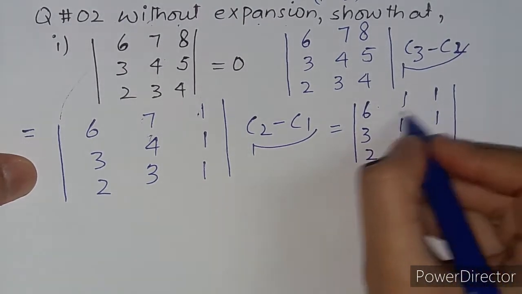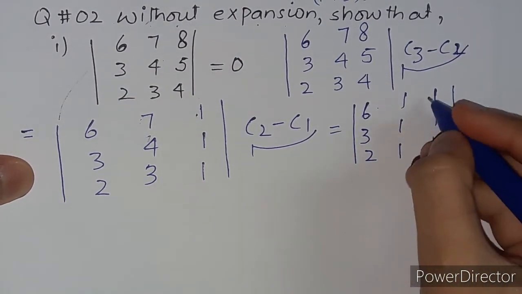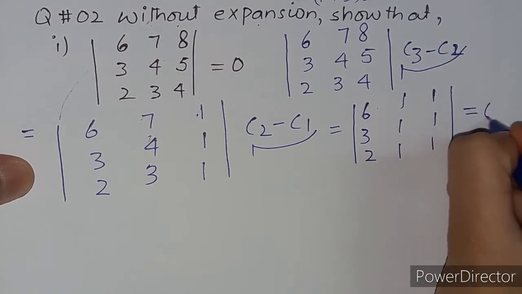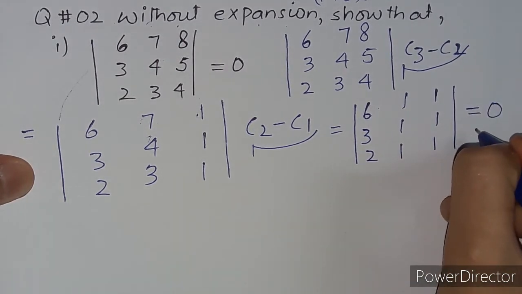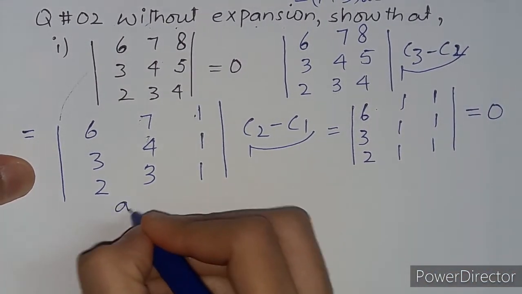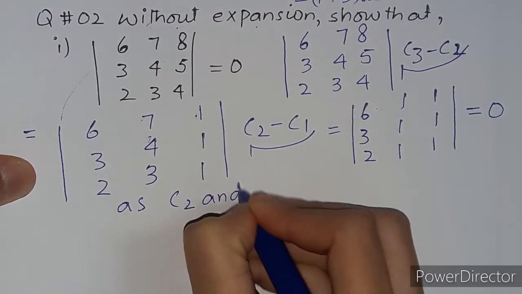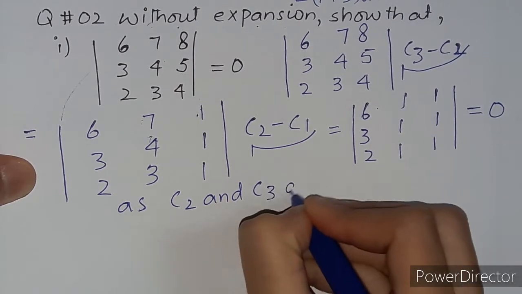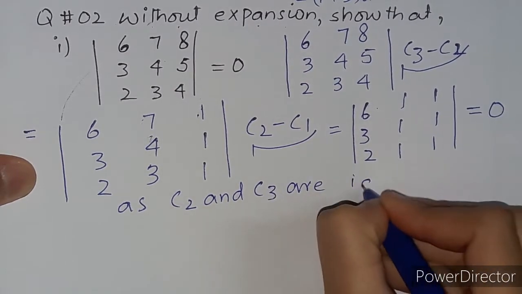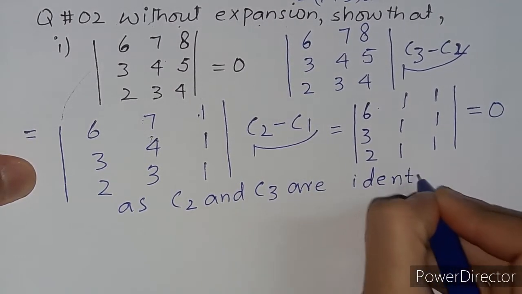So we make the two columns equal to 1, so the determinant will be equal to 0, as the reason is column 2 and column 3 are identical, the same.